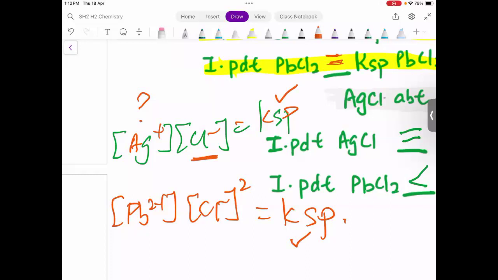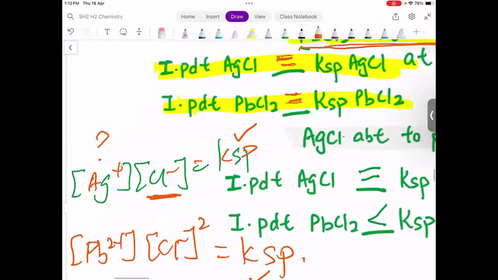So what is the maximum point? How do I calculate this so-called maximum chloride that maximizes precipitation of silver plus? Why do I use Ksp of lead chloride? Go back to the same point, meaning both at the same point.